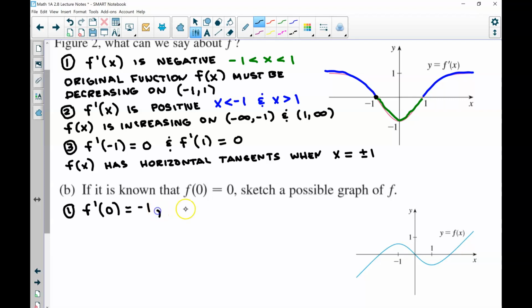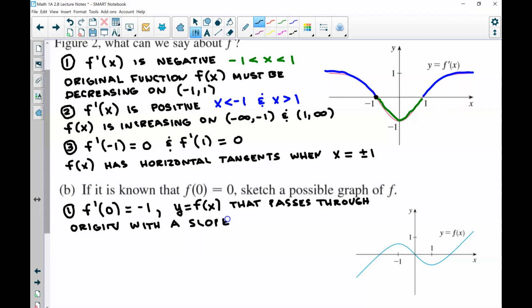So this is telling us that we have a curve y is equal to f of x that passes through the origin with a slope of -1.